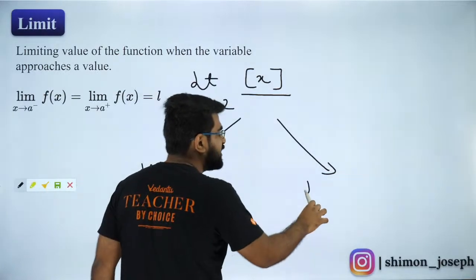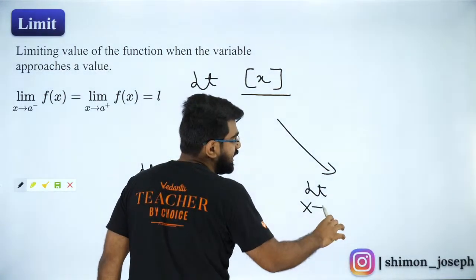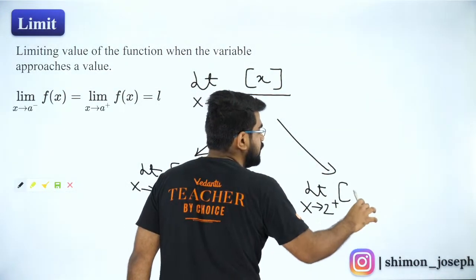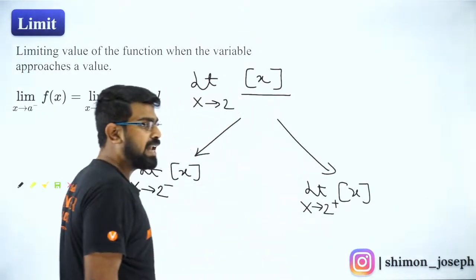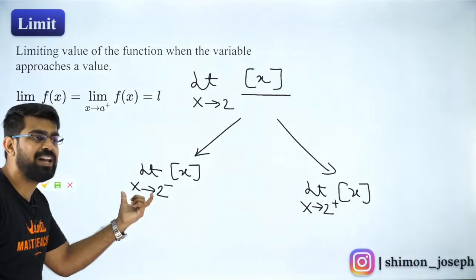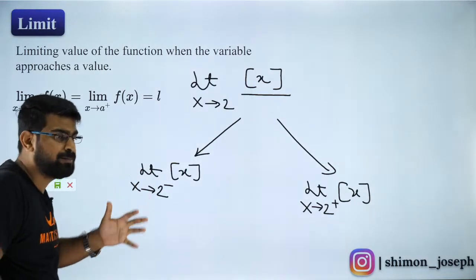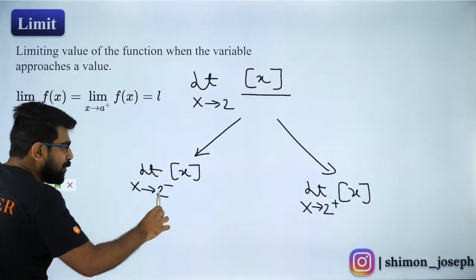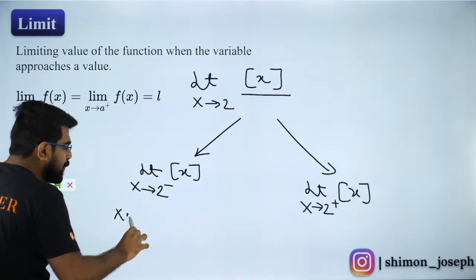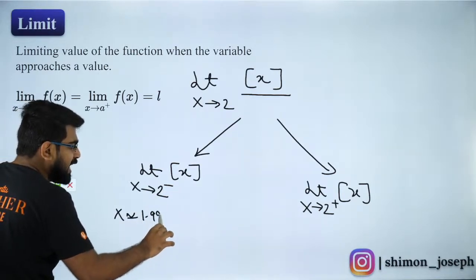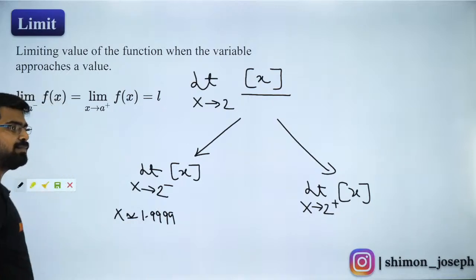And what is my RHL? RHL will be x tending to 2 plus of GIF of x. Now, if I approach 2 from the negative side, what will be the values that I take? Can you think of it? If I approach 2 from the negative side, x will be approximately 1.99999 like that.